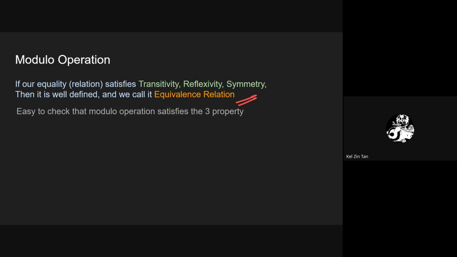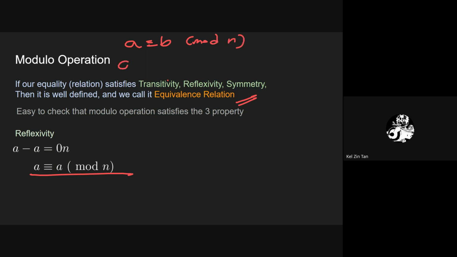So what is an equivalence relation? An equivalence relation is something that satisfies all these three properties. So now let's check whether modular operations satisfy them. First, reflexivity. Suppose we say that A is congruent to A. Is this always true? By our definition of modulo, we say that A is congruent to B modulo n if there exists an integer k such that A minus B equals kn.